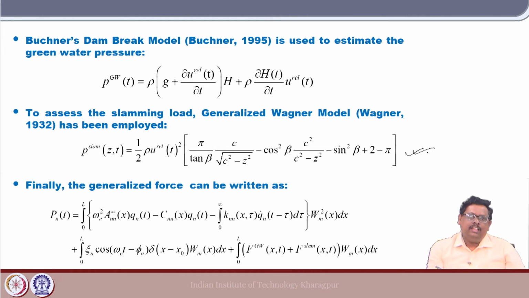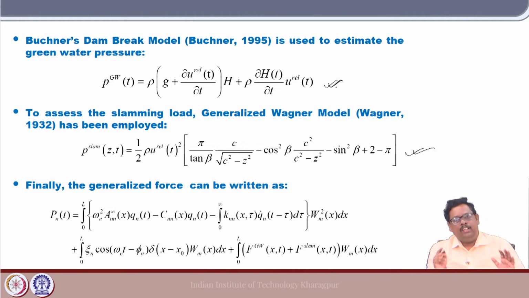Here you know beta and the relative velocity, of course we discussed a lot about the relative velocity. You know what is the c, that is the y distance between y equal to 0 and the free surface. Then you know the slamming pressure, and this is how you incorporate the green water pressure.